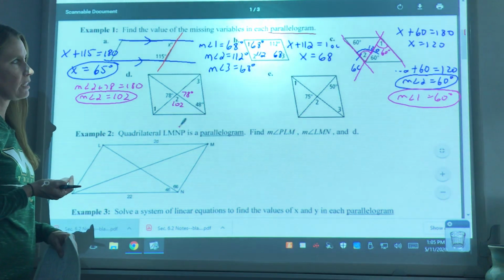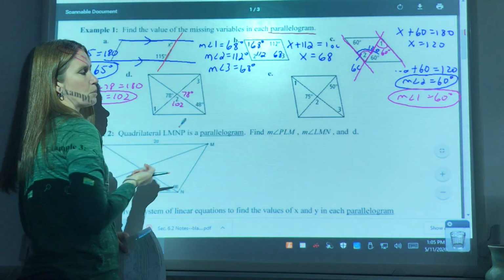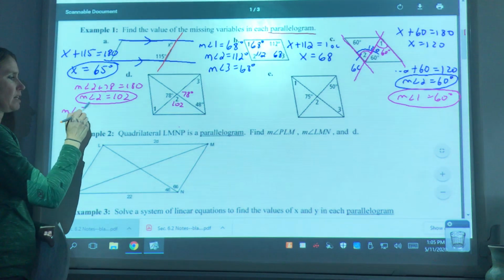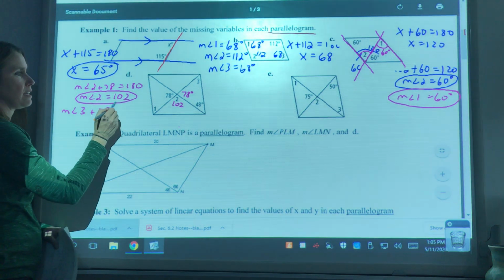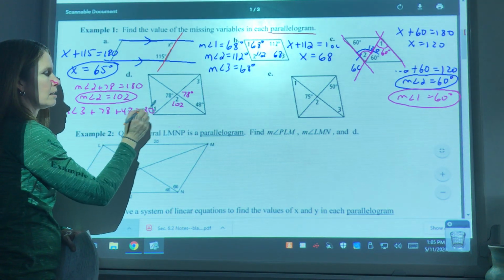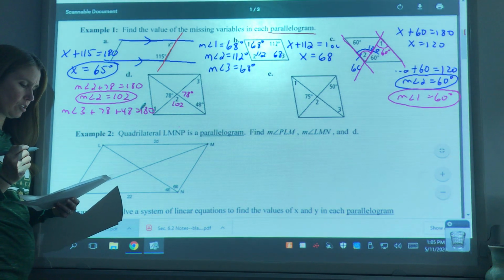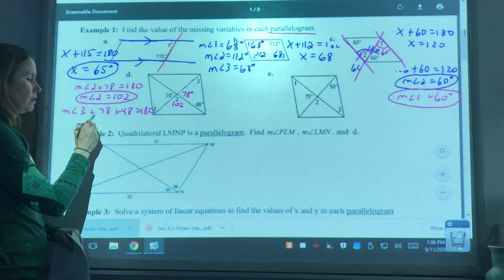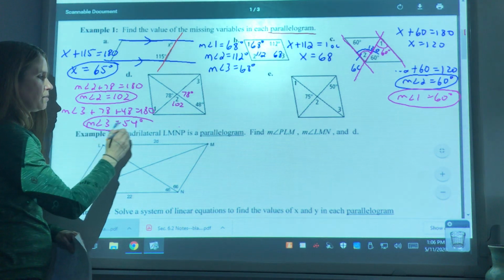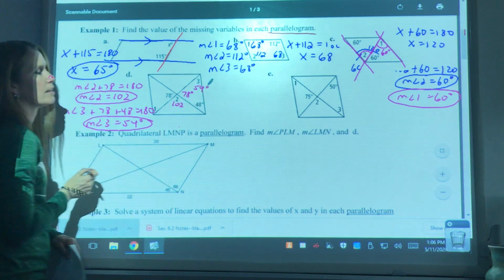So I can use the triangle angle sum theorem, which says all the angles of a triangle add up to 180. So if I do that, I've got measure of angle 3 plus 78 plus 48 is equal to 180. Once I do that, I can solve and get 54 for the measure of angle 3. And I can fill that in my picture once I find that.